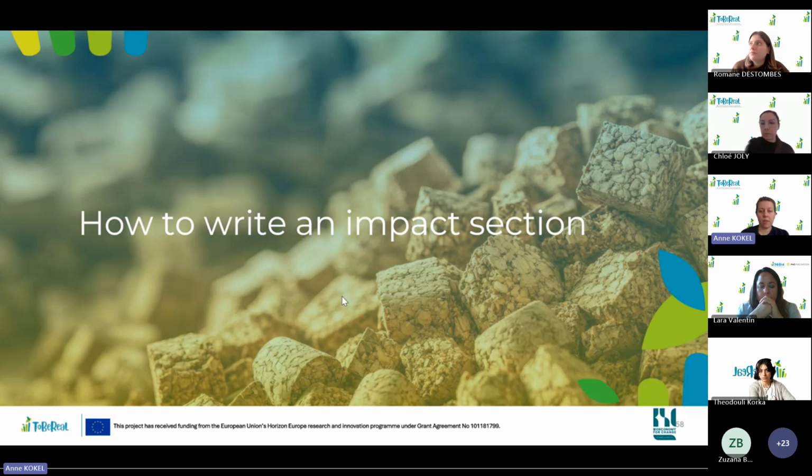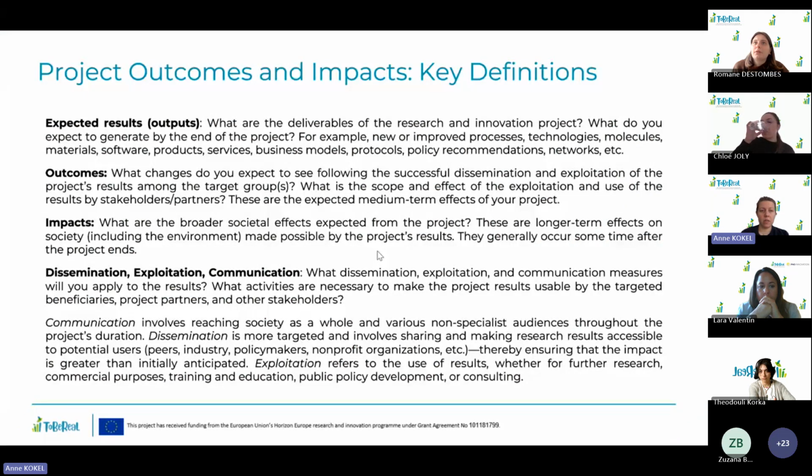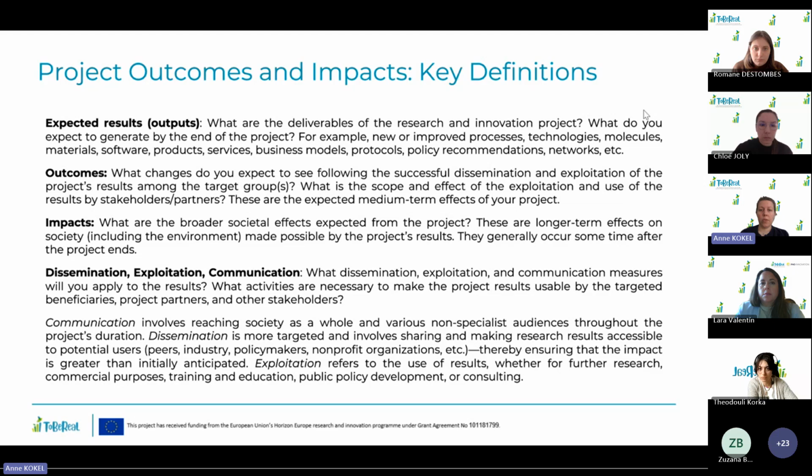So how to write an impact section? I think to start this section, it's good to have in mind the different definitions of some keywords. So first, the expected results, what we also call the outputs, correspond to the deliverables of your research and innovation projects. So what do you expect to generate by the end of the project?